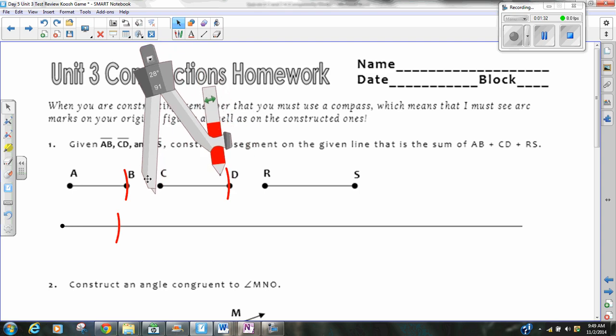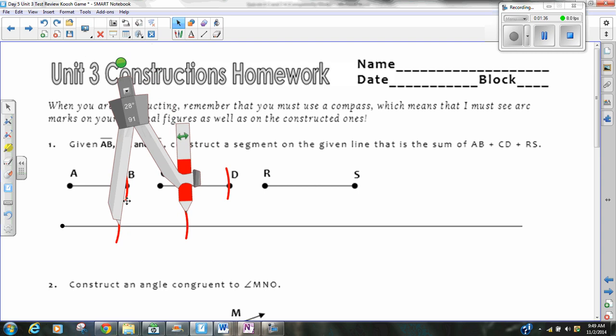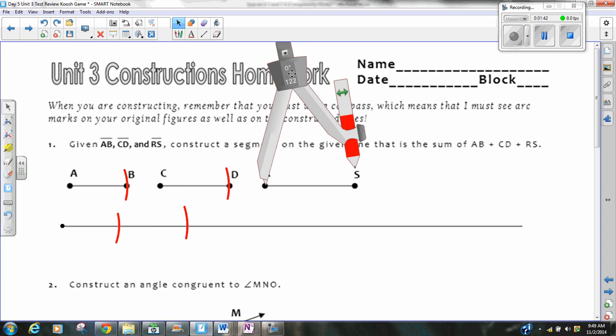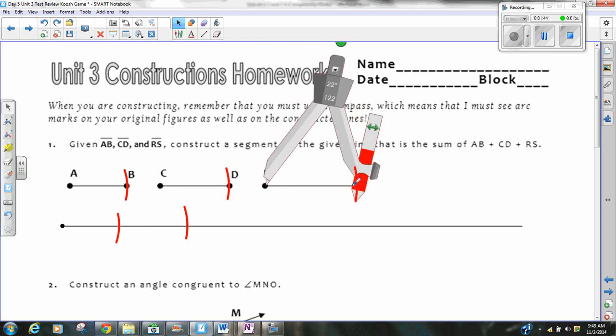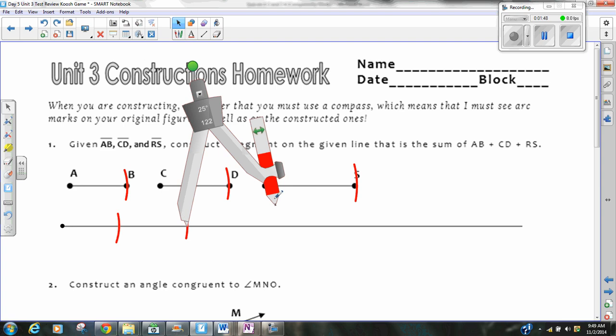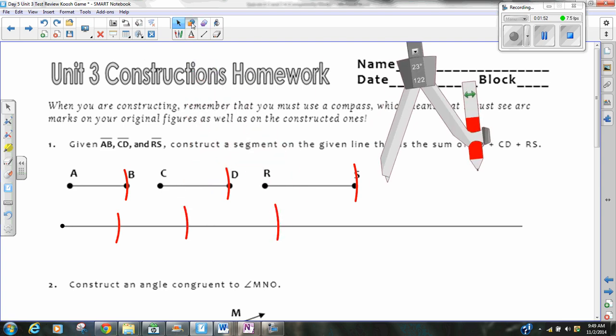You're going to come down here and add on segment CD. Third thing is to measure RS. I can see that's a little bit off, but for the sake of consistency, I'm just going to stop. And thus, you now have your endpoint here.